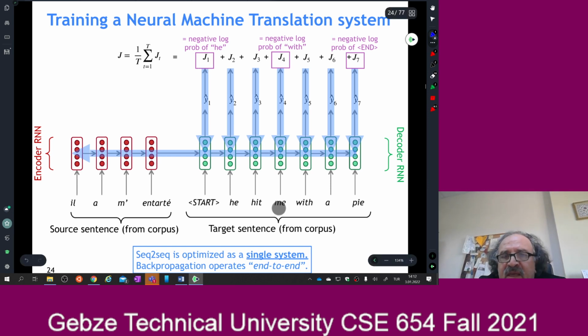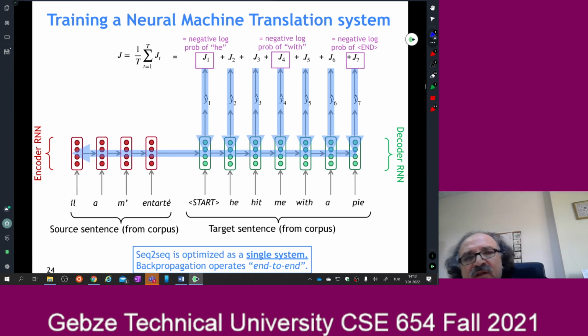When I give he here, it should give me a hit. If whatever this produces is different than he or hit or me here, then that will increase my loss function. That will increase my loss value.